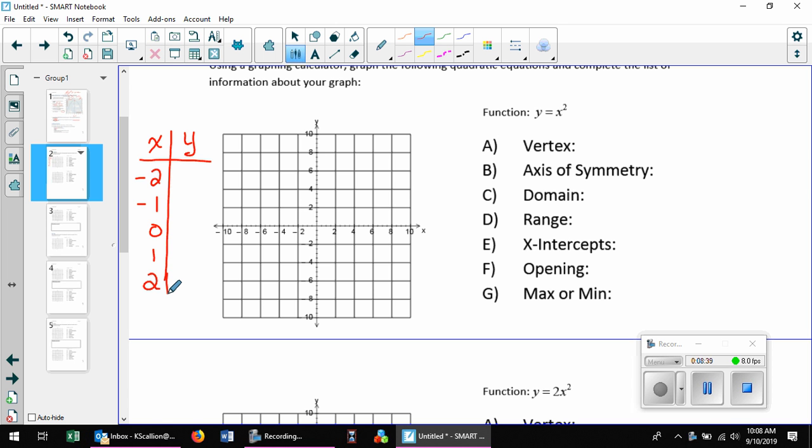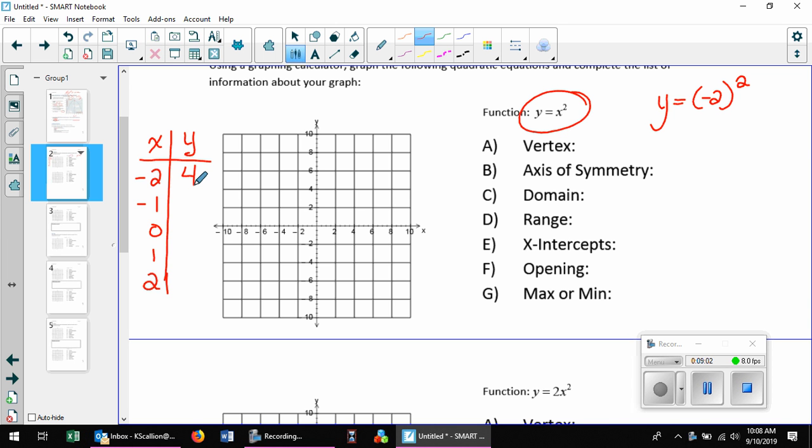All right, so now I've got to figure out what the y values are. Now my equation is y equals x squared. So if x is -2, I'm going to substitute that into this equation. So that would be y equals -2 squared, which is 4.